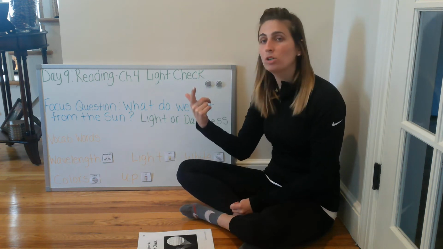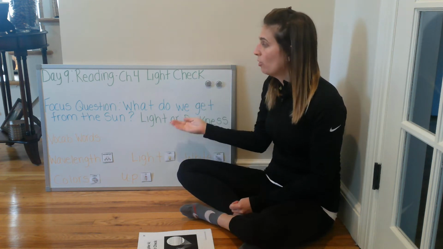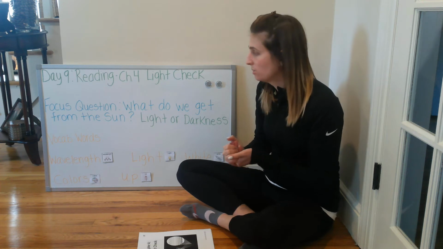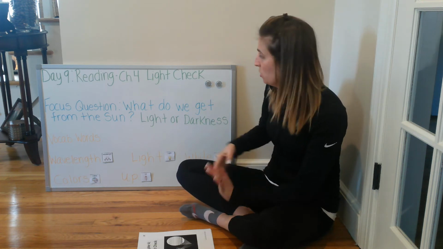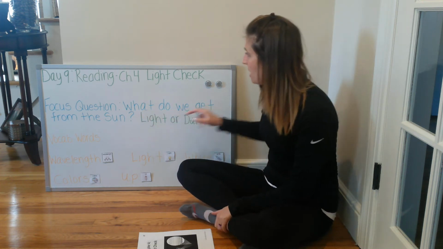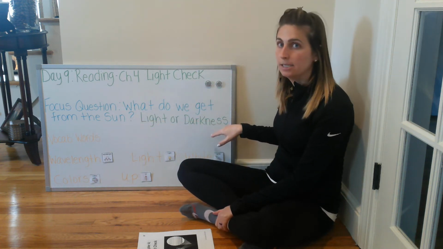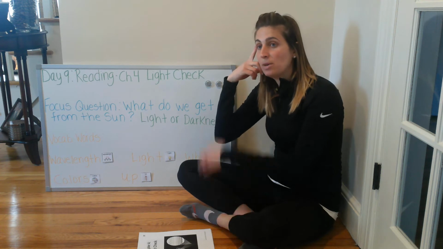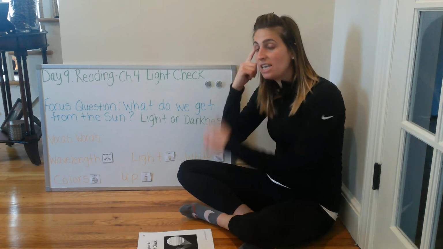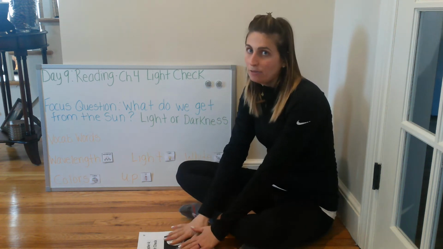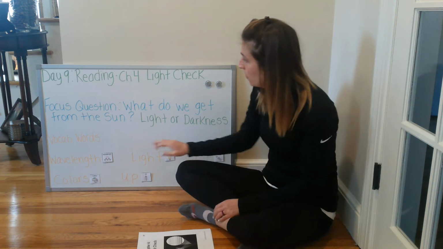Here it is one more time: what do we get from the sun? Light or darkness? I remember the answer in my head, and I'm going to see if that answer was correct after we're done our reading.